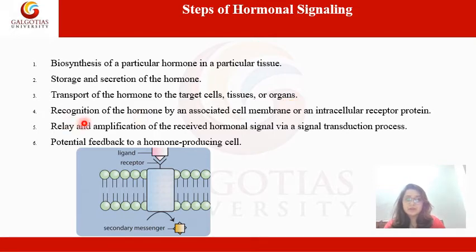Fourth, recognition of the hormone by an associated cell membrane or an intracellular receptor protein. Fifth, relay and amplification of the received hormonal signal via a signal transduction process. Sixth and last, potential feedback to the hormone-producing cell. So these steps summarize how hormonal signaling happens.